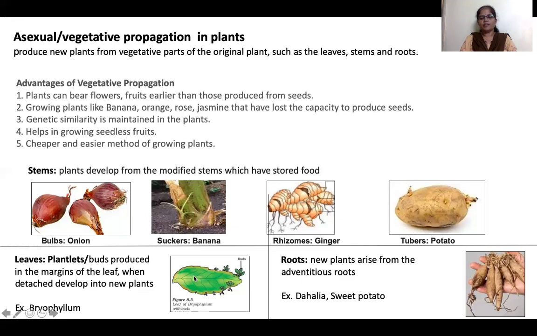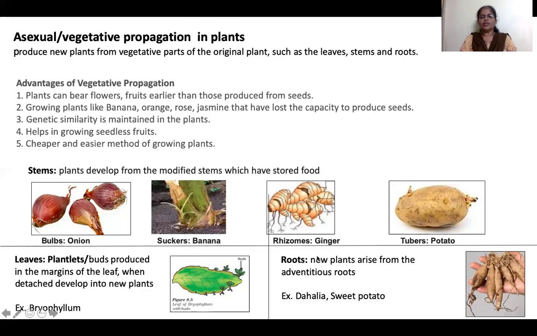This regeneration or reproduction we can see in bryophyllum. Leaf marginally plantlets ಅಥವಾ buds form ಆಗುತ್ತೆ. If these buds fall into the soil, each plantlet or bud will become a new plant. This starts with the leaf.